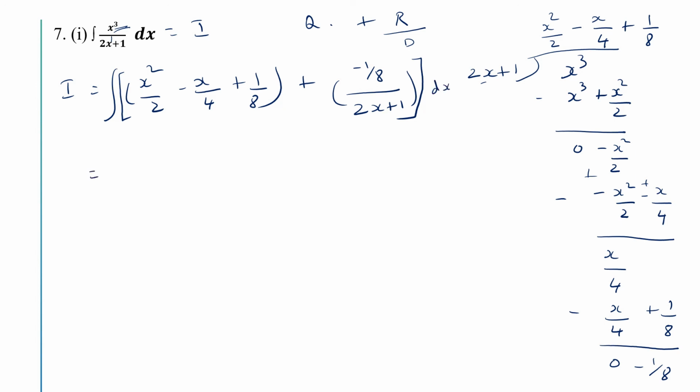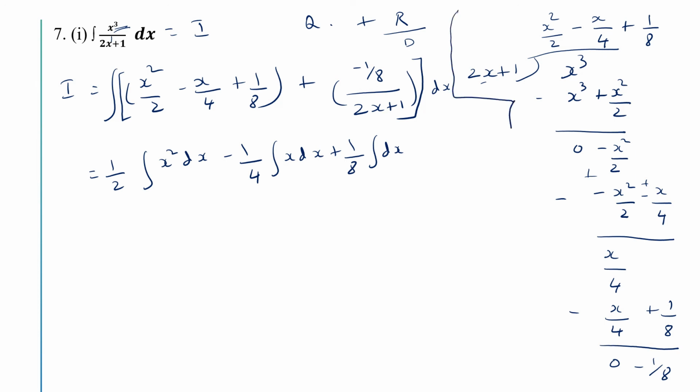Now we can use the standard integral formula. So this is half integral x square dx minus 1 by 4 integral x dx plus 1 by 8 integral dx, then minus 1 by 8 integral dx by 2x plus 1.